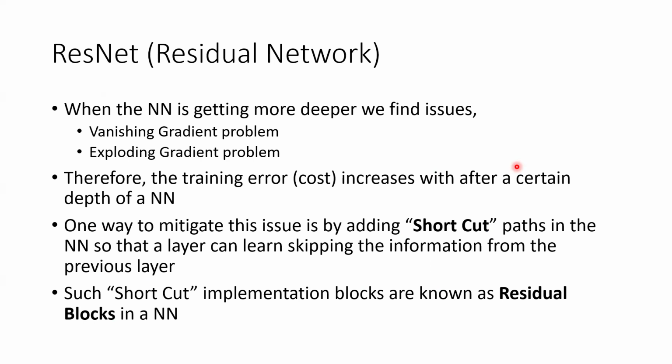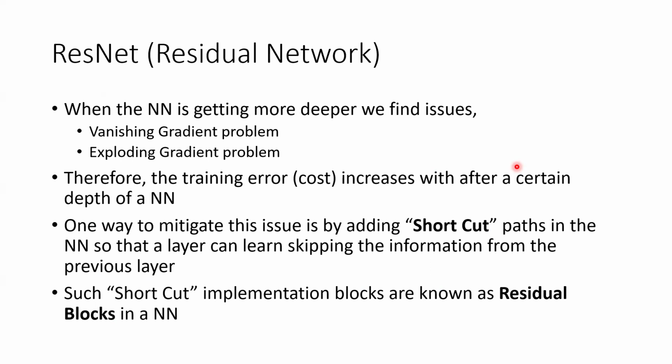But the problem is that, as we discussed earlier, when we increase the depth, the vanishing gradient problem and the exploding gradient problem become significant, and we would no longer be able to add more layers due to this problem.